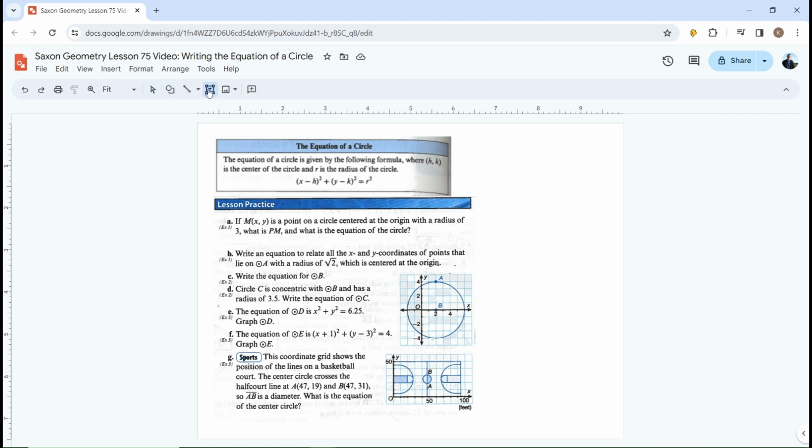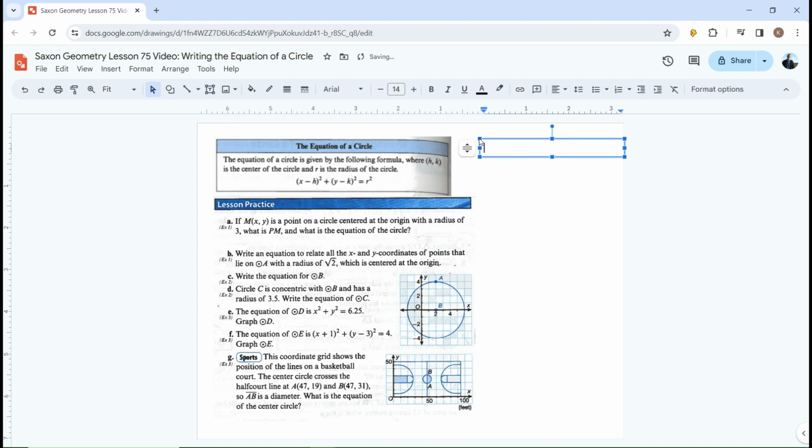Okay, so let's answer this one. What we're going to say is that PM equals 3 because it's a radius. P is the center of the circle. M is a point on the circle. The distance from the center of a circle to a point on the circle is the radius, which is 3.